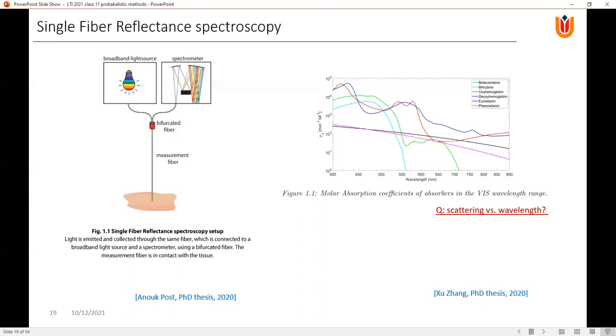So it could be the power of 2, 1.6 or whatever. That is not well defined. But for small particles, you're absolutely right. For somewhat larger particles, like cells maybe, it can be much less. Roughly, that's the important thing: it will decrease with wavelength. This is a logarithmic scale, so you will see a kind of straight line going down.